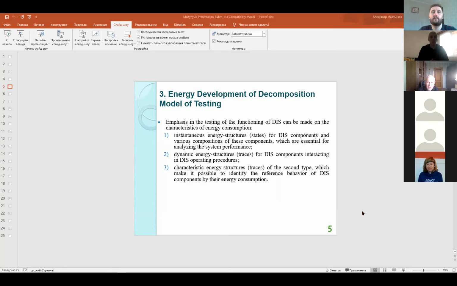First, instantaneous energy structures states for this component and various compositions of these components, which are essential for analyzing the system performance. Second, dynamic energy structures traces for these components interacting in these operations procedures. And third, characteristic energy structures traces of the second type, which make it possible to identify the reference behavior of these components by their energy consumption.